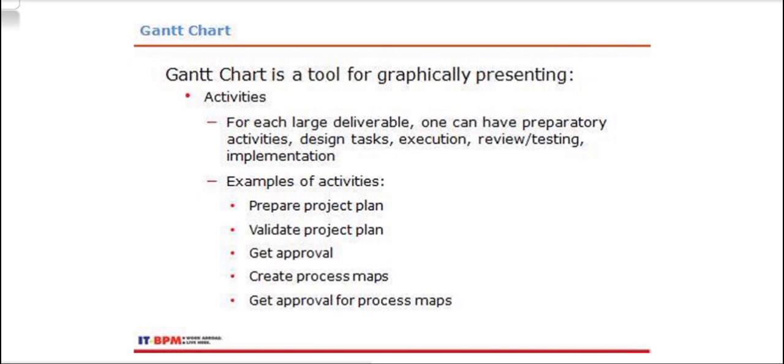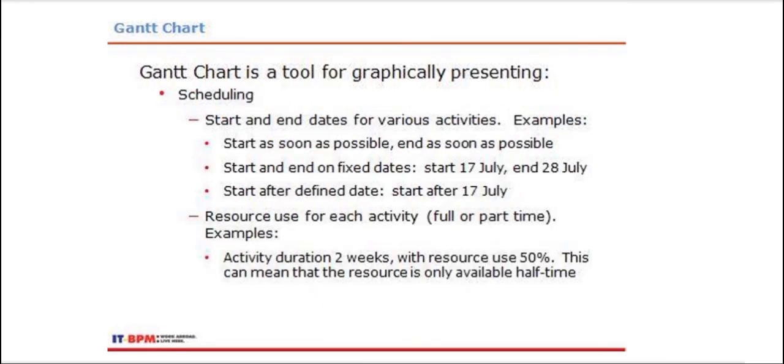For each large deliverable, one can have preparatory activities, design tasks, execution, review or testing, and implementation. Examples of activities are prepare project plan, validate project plan, get approval, create process maps, get approval for process maps.